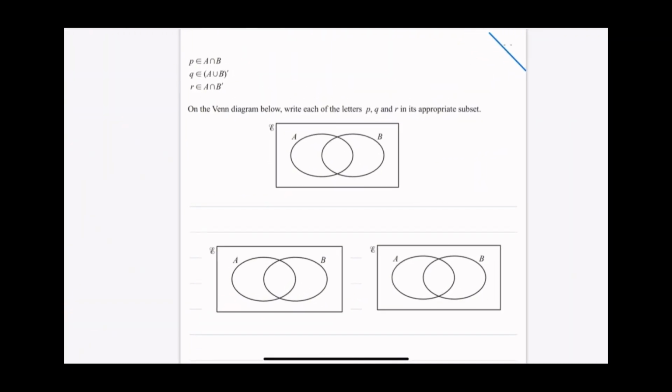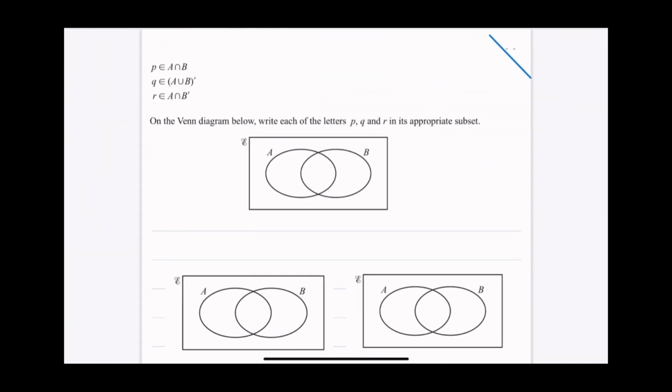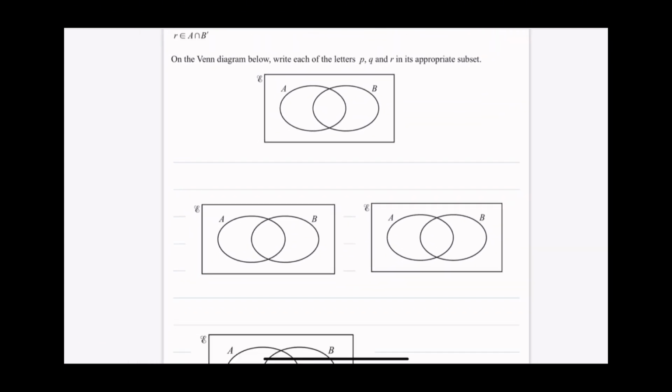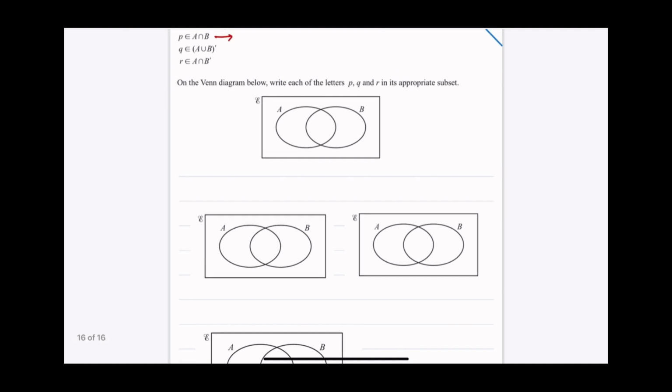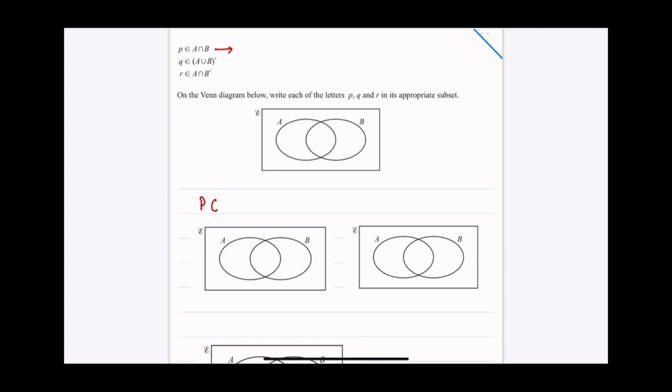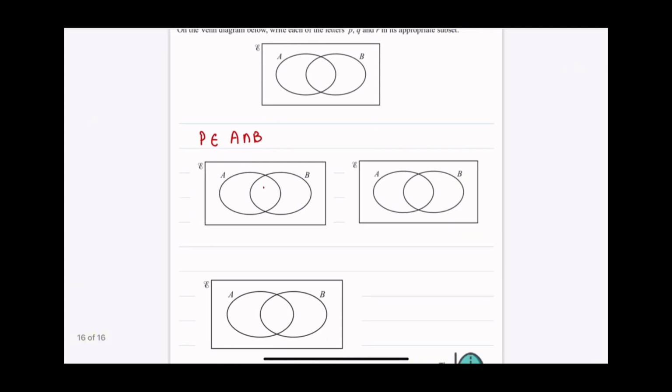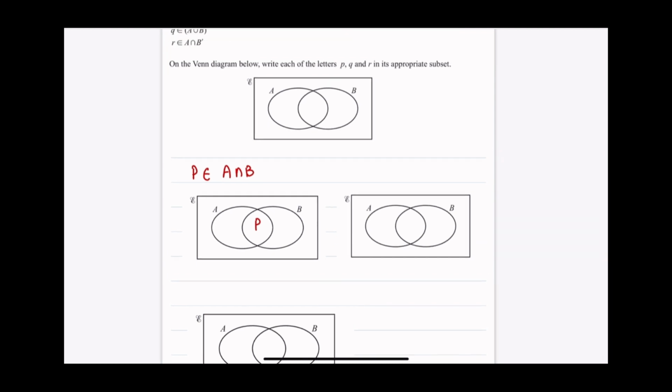So let's look at another question here. P belongs to A intersection B. So for the first one, I'll have to write down all of these P, Q, R where they represent. So P belongs to A intersection B, and this is where P is going to be.